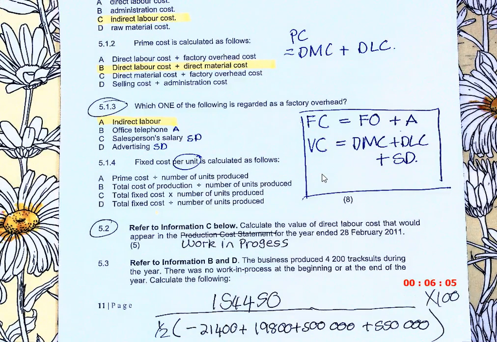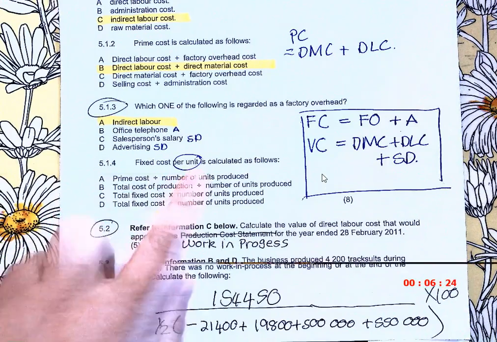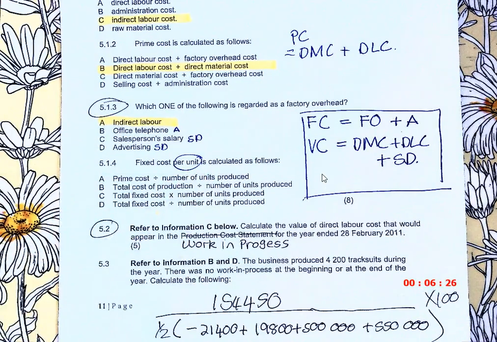So now I'm asking you the same thing. If I say to you, I baked 3 cakes and I used 6 eggs, how many eggs did I use per cake? Can you see? So now they ask you fixed cost per unit. What's going to be on top? Fixed cost. What's going to be at the bottom? Units.